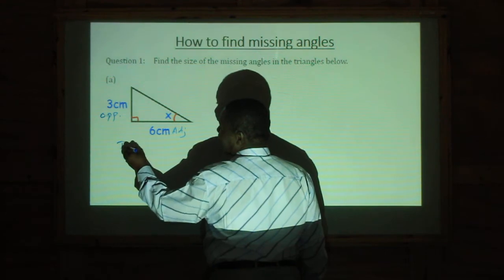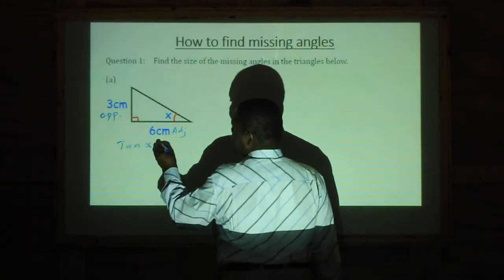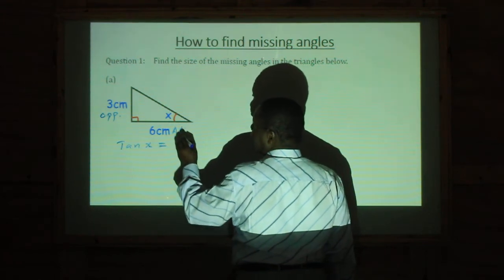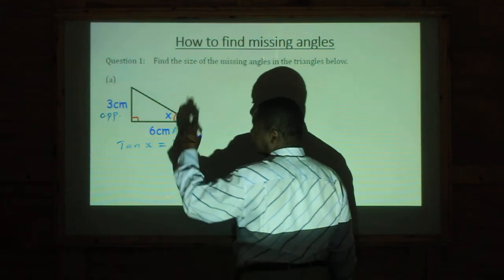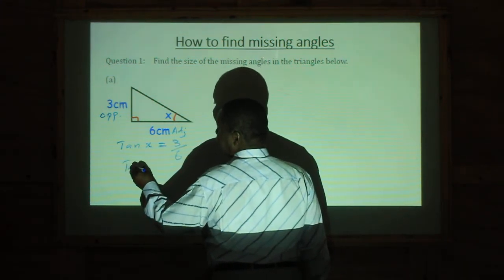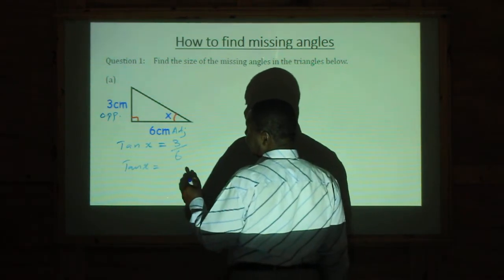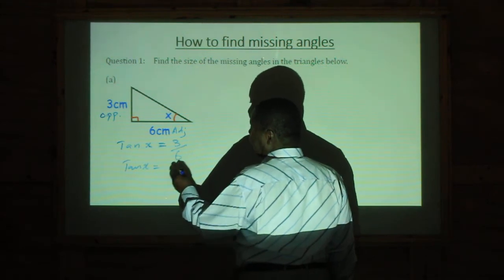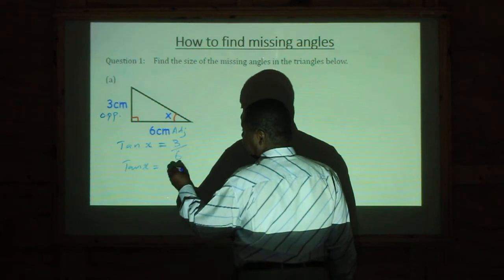So it means the tan of x is going to be equal to opposite, which is 3, all over adjacent, which is 6. So the tan of x is now going to be 3 all over 6, which is half, and half is 0.5.